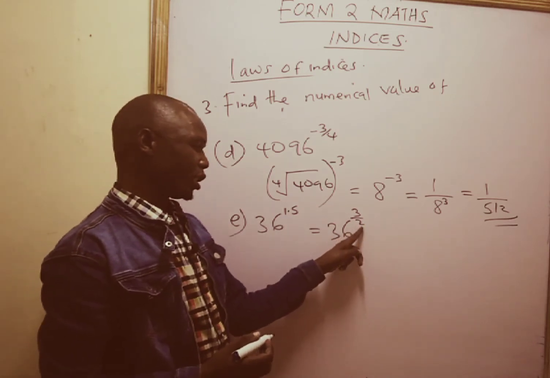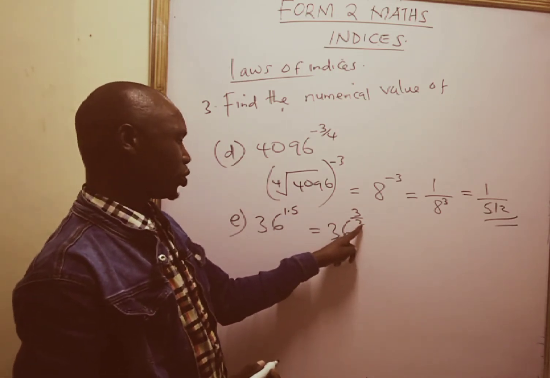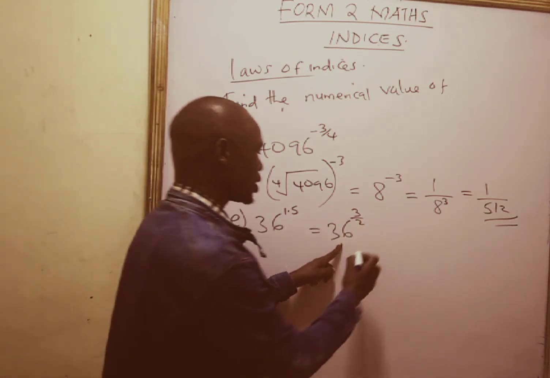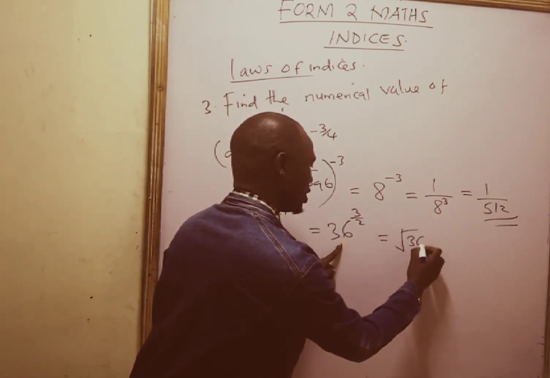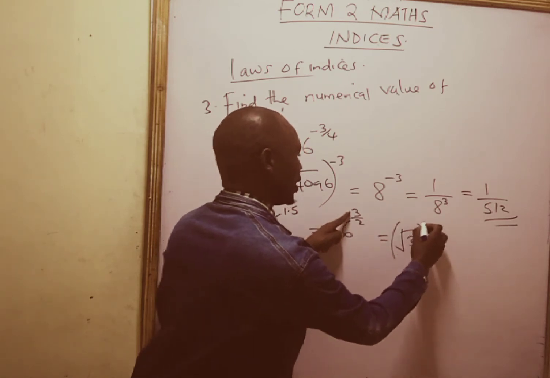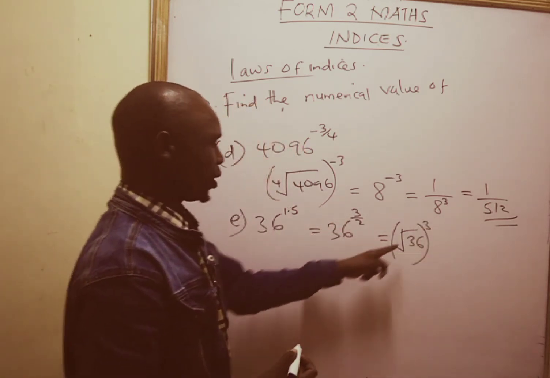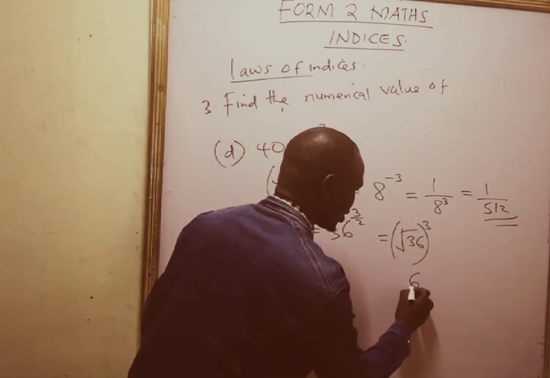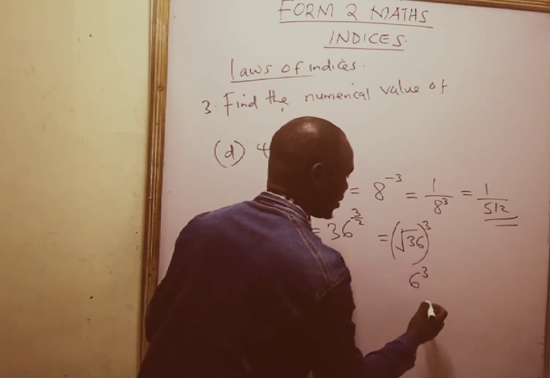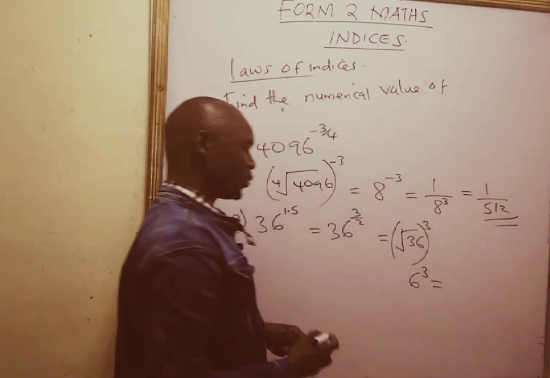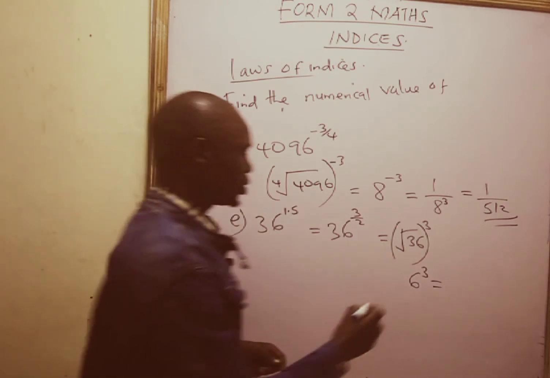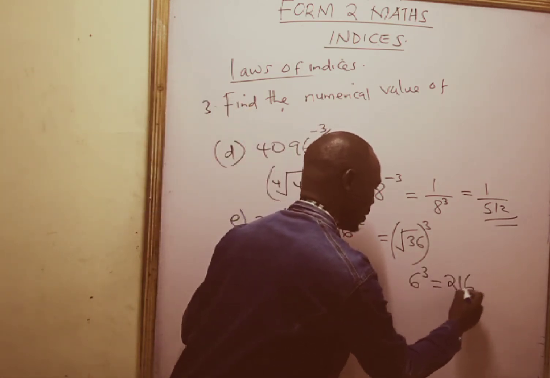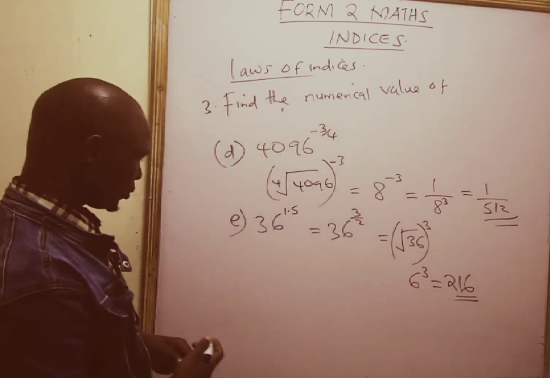And the denominator always dictates on what to do. 2 means the square root of 36, and therefore we are going to have the square root of 36, then everything raised by 3. The square root of 36 will always be 6, then everything raised by 3, and 6 raised by 3 means 6 times 6 times 6, which gives us 216.